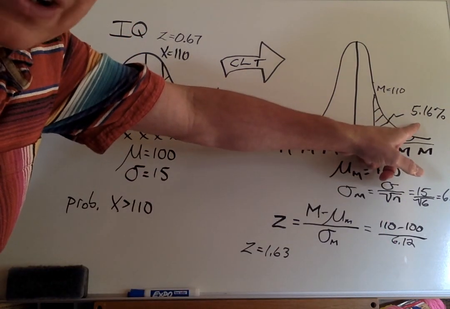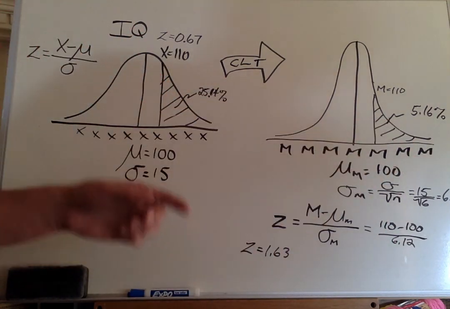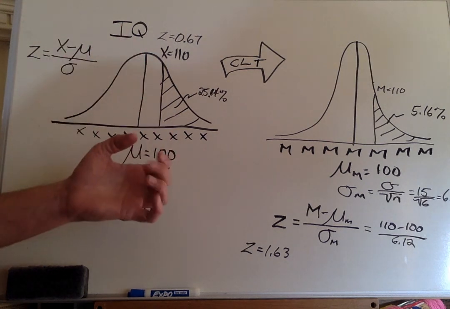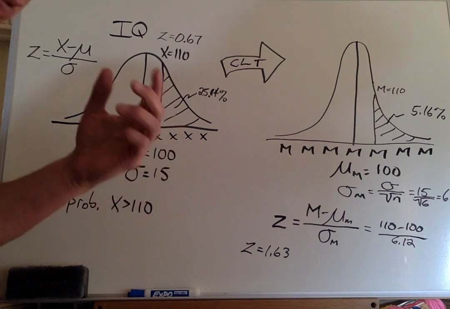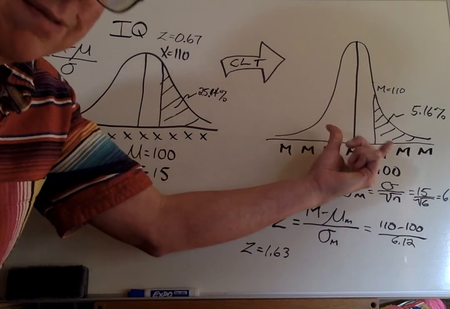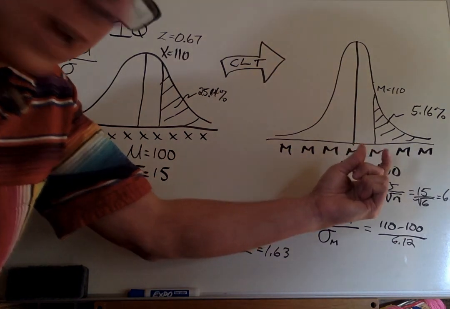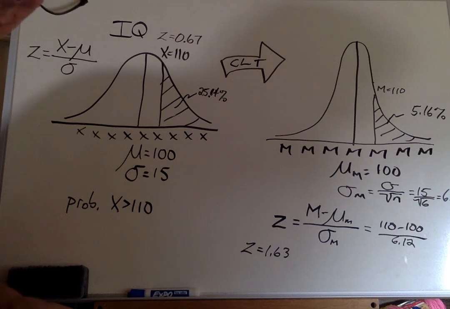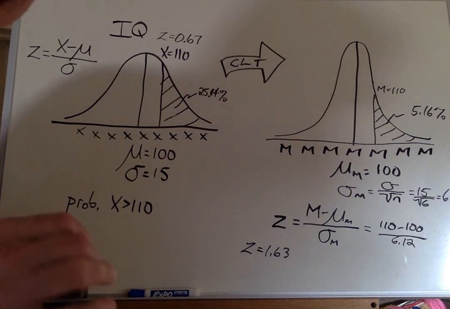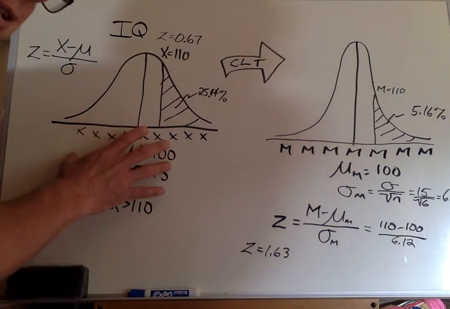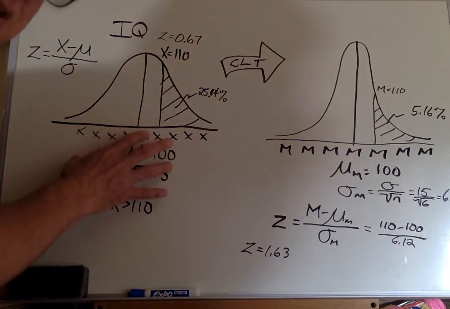That doesn't happen very often because a lot of times you're going to get people around the average. So you got 6 people, 4 of them are around the average, one of them's really out there. They're going to regress to the mean, okay? It's much less likely to get 6 people whose average IQ is above 110 than to get a single individual whose IQ is above 110.